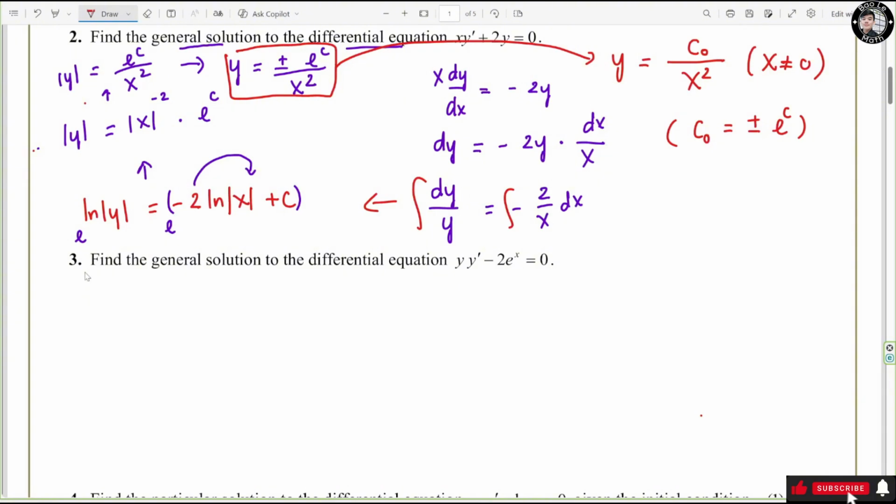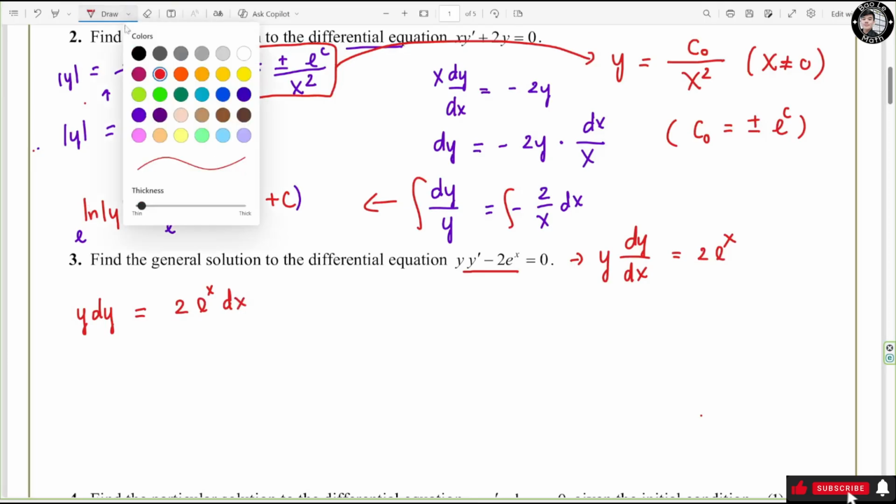Now question 3. Find the general solution to the differential equation y y prime minus 2e to the x equals 0. You can rewrite this as y times dy over dx equals 2e to the x. Now you can separate the variables by multiplying both sides by dx, so you have y dy equals 2e to the x dx.